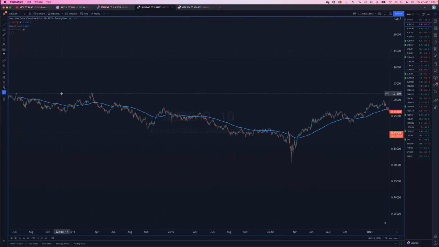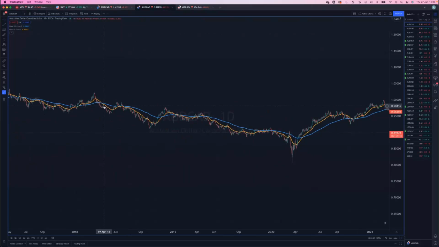But we could add a short-term moving average. So something that people do is they have a short moving average and a long-term moving average. And what they say is when the short moving average is below the long moving average, then the market is short and you want to be selling. When it's above, then you want to be buying. Now, don't get me wrong.